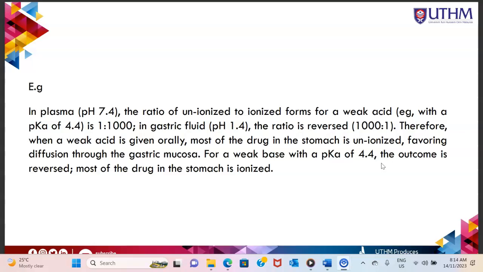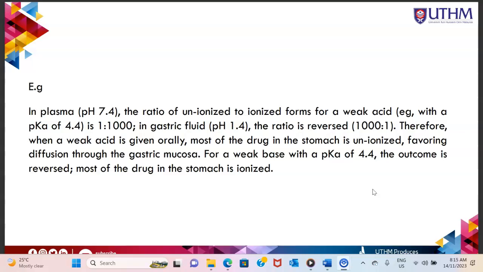So these unionized forms of weak acid drugs are lipid soluble and can more easily diffuse through the gastric mucosa. And because it is lipid soluble, usually the drug will be directed to be taken after your meal to provide the lipid condition as well.